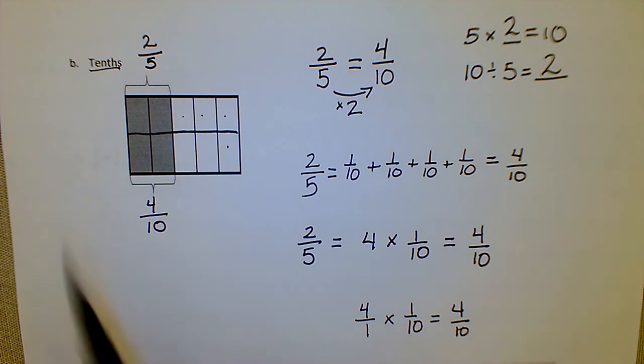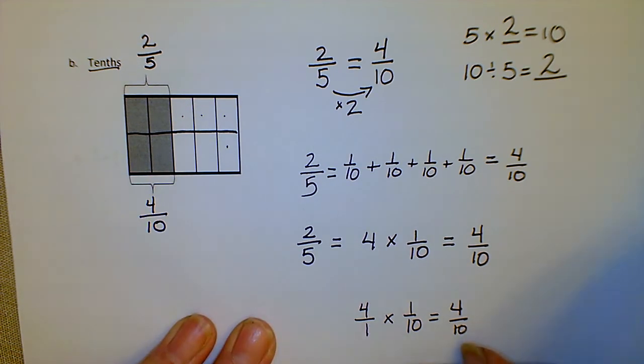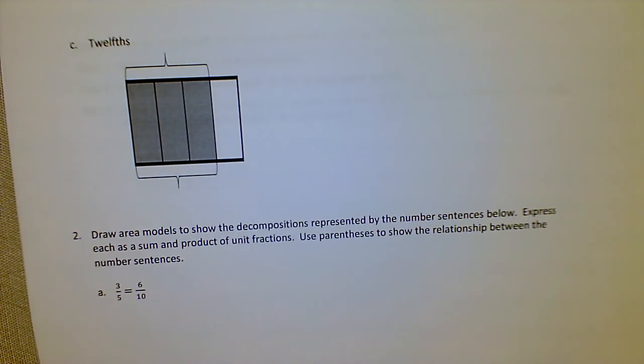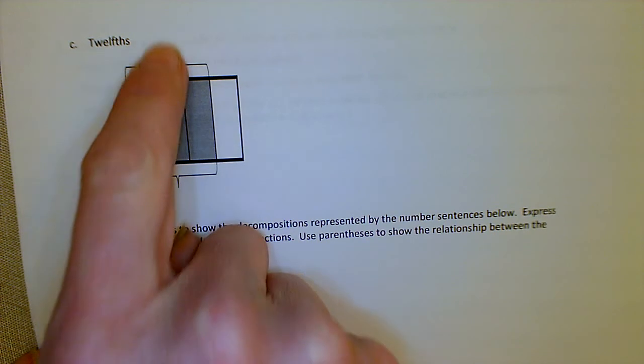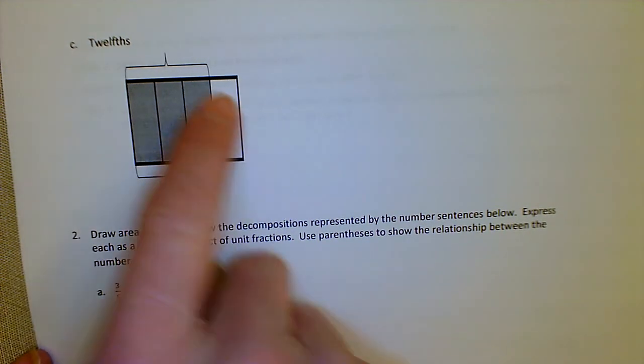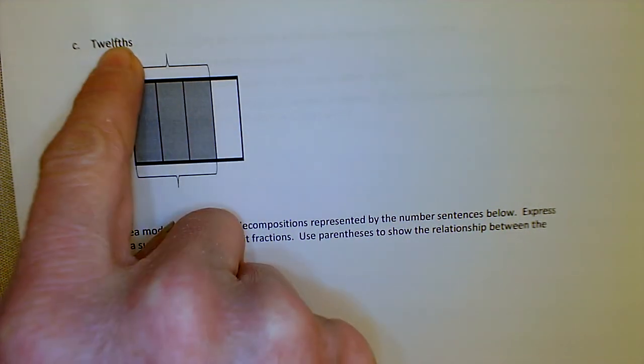So this is the idea of what we're doing, and I do want you to try the next problem, which is problem C, on your own. And just remember as a hint, and I'm going to show you another problem in 2, but I just want to remind you that for this, first you're going to find the original equation, then you have to figure out how are you going to turn fourths into twelfths.